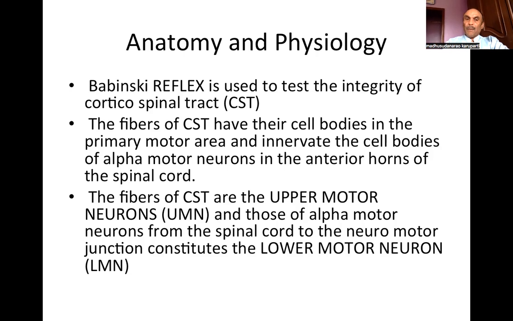The fibers of the corticospinal tract are the upper motor neurons, and those of the alpha motor neurons from the spinal cord to the neuromuscular junction constitute the lower motor neurons.